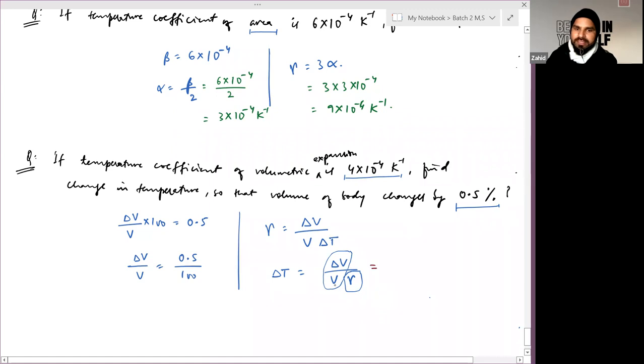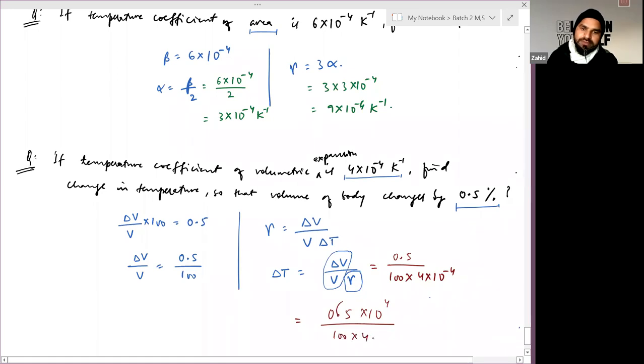Just see, we have delta V by V as 0.5 by 100, and gamma is 4 into 10 to the power minus 4. So we may write, move this 10 to the power minus 4 to numerator. So it will become 0.5 into 10 to the power 4 divided by 100 into 4.